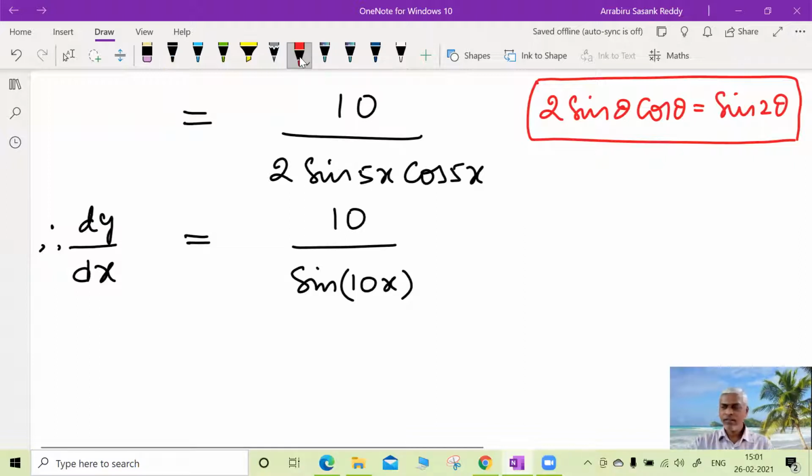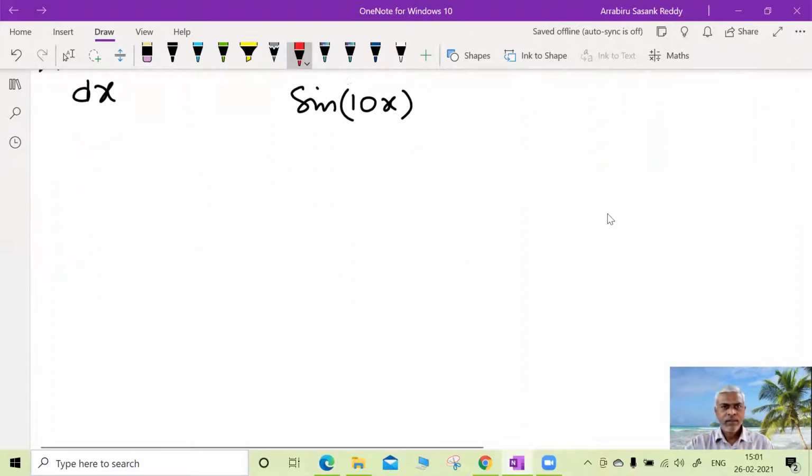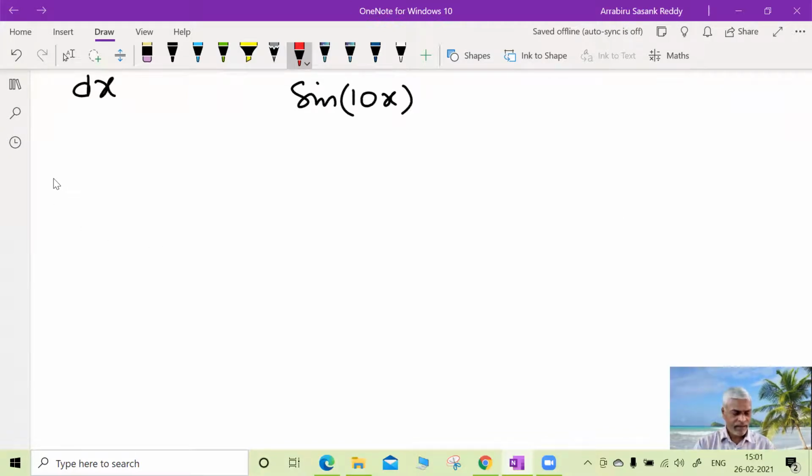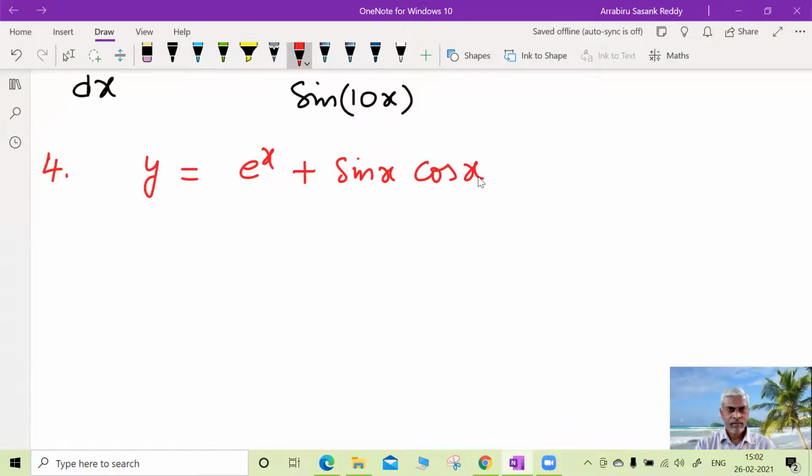Now let us go for another problem where the function is e power x plus sin x cos x.